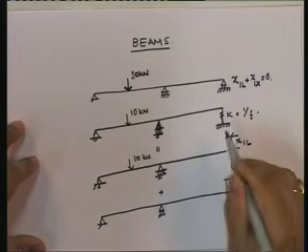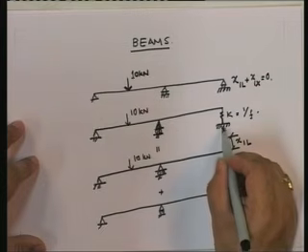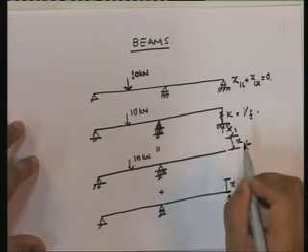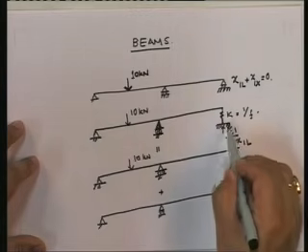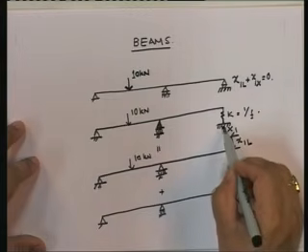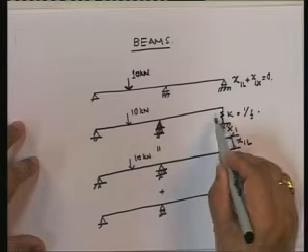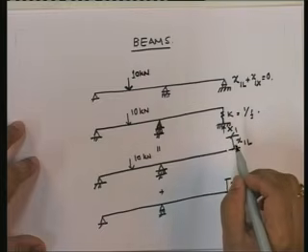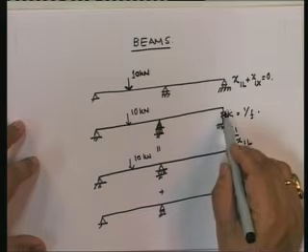Here in the actual structure, if I have a load x1 in the support, what is going to happen to the force in this member? Think about it. You will see that if there is a force x1 here, this spring is going to be subjected to compression. And if it is subjected to compression, then this member is going to compress.